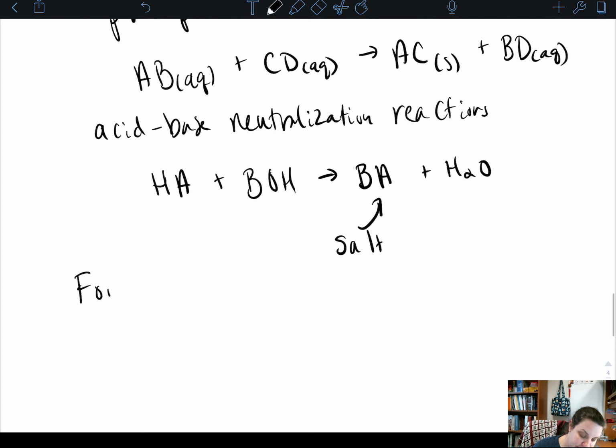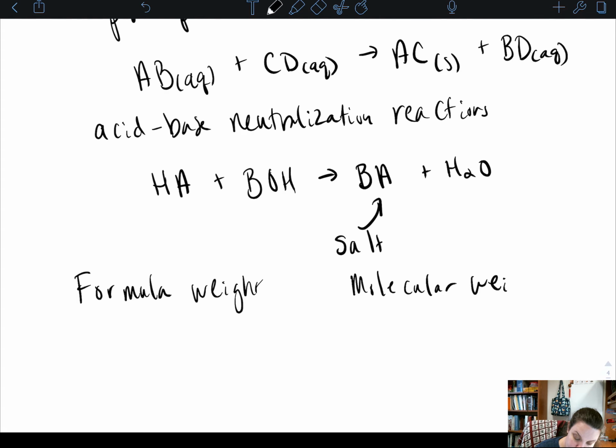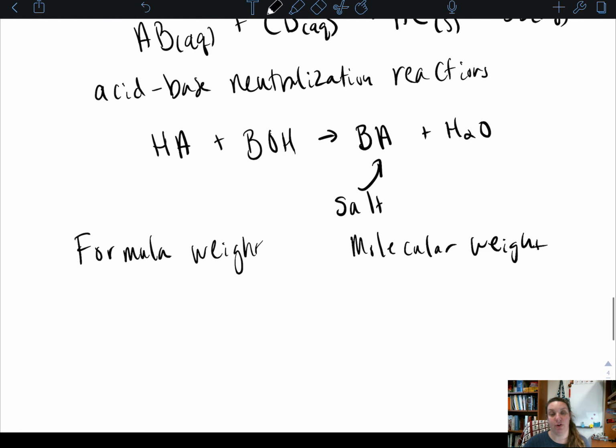Next, I want to talk about the idea of a formula weight versus a molecular weight. So we have looked at our periodic table and looking at things in terms of AMU. So if we look, carbon's 12.011 AMU. But if we take carbon and we put it into a substance, we can combine all of those atomic weights to get what's called a formula weight or molecular weight.